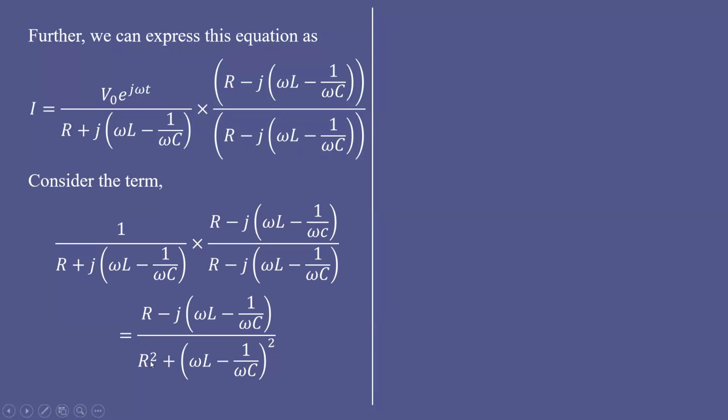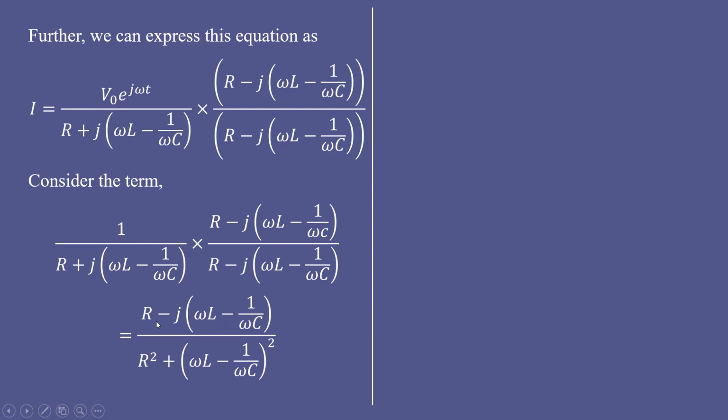Even though we get a square minus b square, j square introduces one more minus 1, because j square is minus 1. That's why you get the plus sign here.